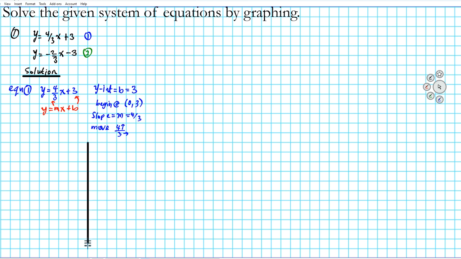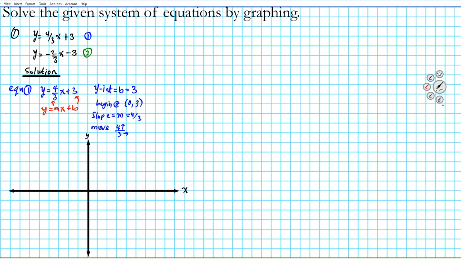So there goes our y-axis and our x-axis. Let's label the axes. Our x-axis is the horizontal line, and then the y-axis.